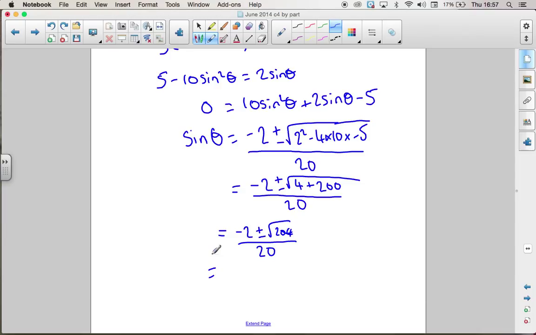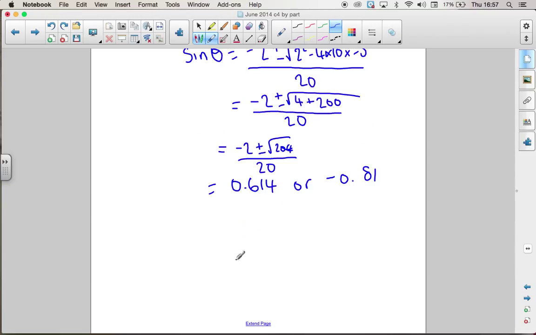So I work out those two values on my calculator. Minus 2 plus root 204 divided by 20 is 0.614, and negative 2 take away root 204 divided by 20 is negative 0.81.